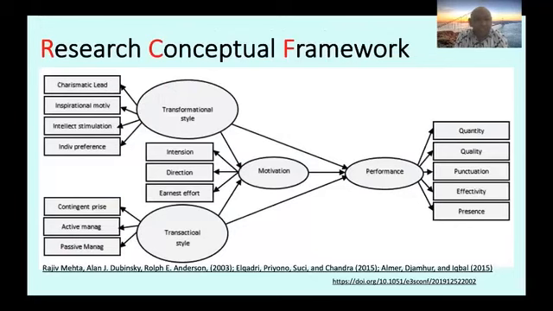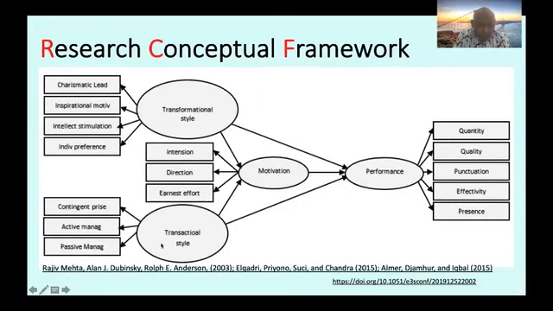methods. Research conceptual framework: you can see from the slide that it was developed from dimensions to make variables. The dimensions, charismatic leadership, inspirational motivation, and so on, make the variable transformational style.